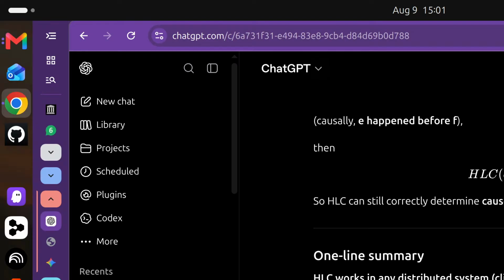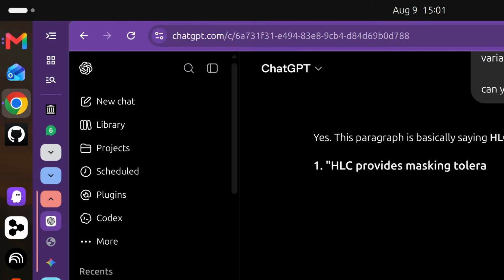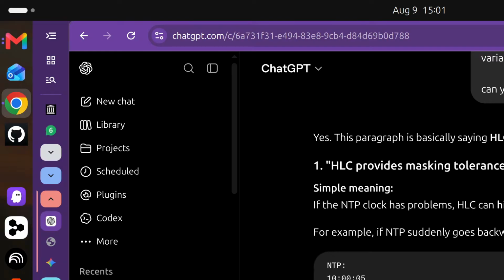Can you explain this in simple language and in brief? Right. So this paragraph is basically saying that HLC is robust even when NTP has problems.